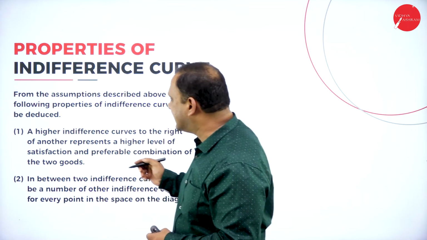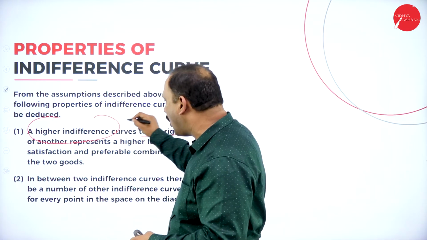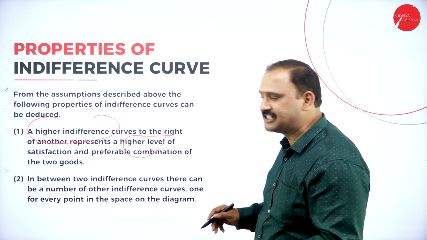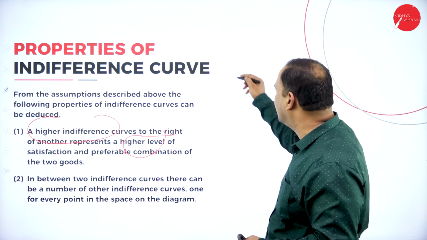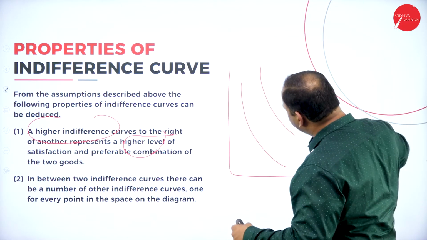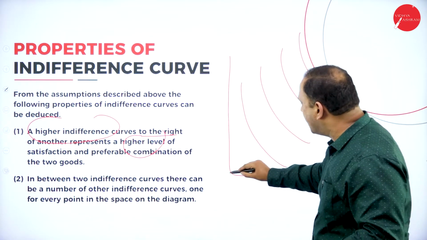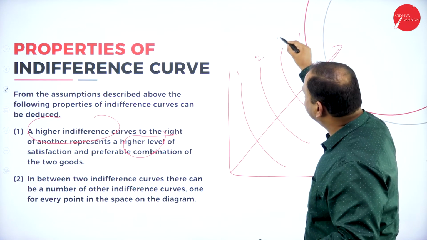The first thing is that the higher indifference curve to the right of another represents a higher level of satisfaction. This is one thing where we have to understand it very clearly. For example, when I draw this indifference curve, higher on the right hand side, you start seeing curves like this, the curve 1, 2, 3 and 4.